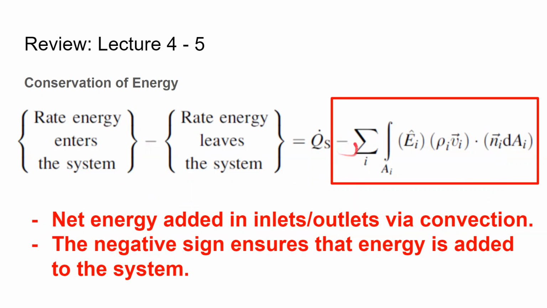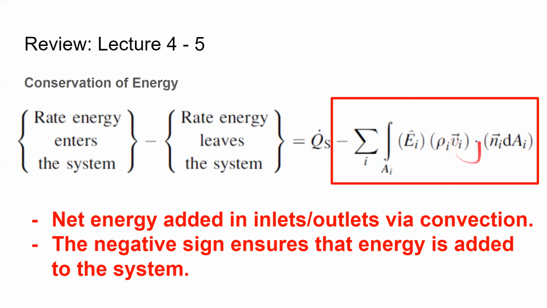And this negative sign right here is essential because it makes sure that the energy is added to the system. What that means is it just makes sure that the sign, positive or negative, is correct. So let's take a deeper look into this negative right here. As we can see, we have the normal vector right here.